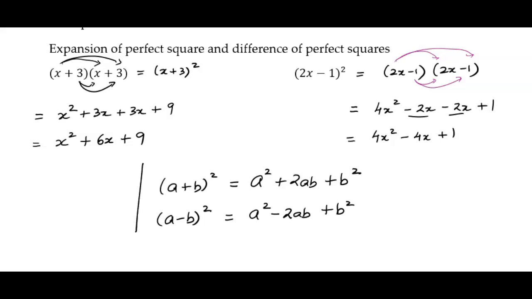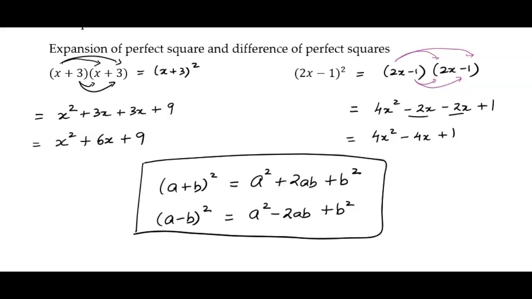So we take down these rules under the title of expansion of perfect squares. Obviously that's because the power outside the brackets is 2. That's why we call them expansion of perfect squares.